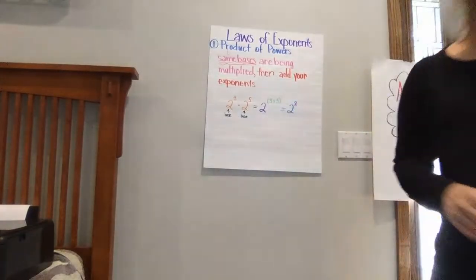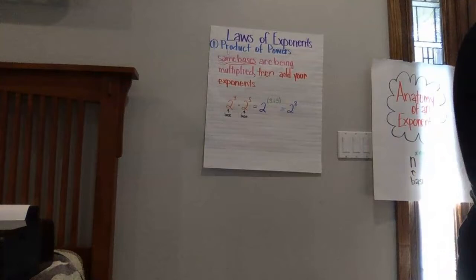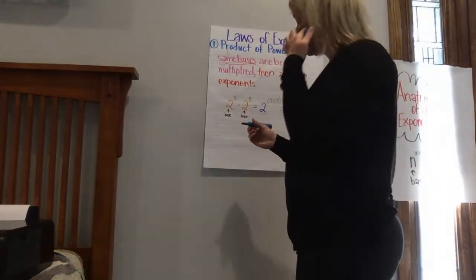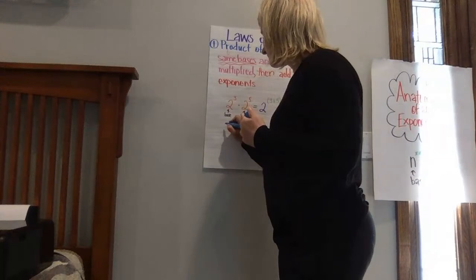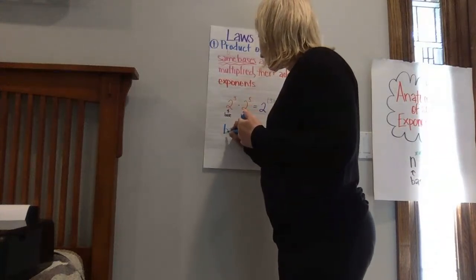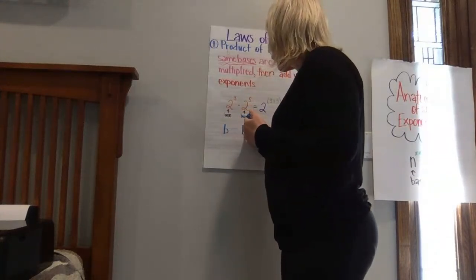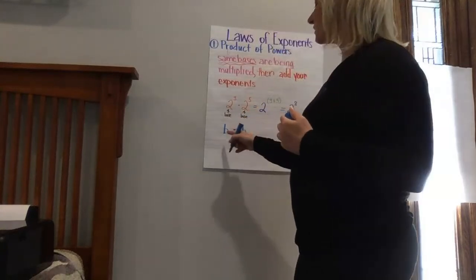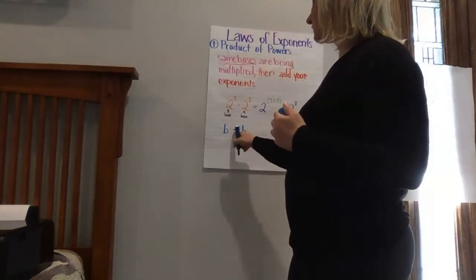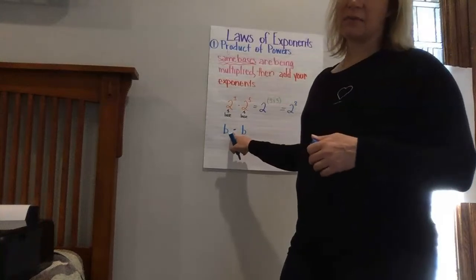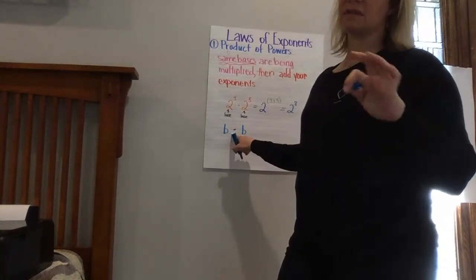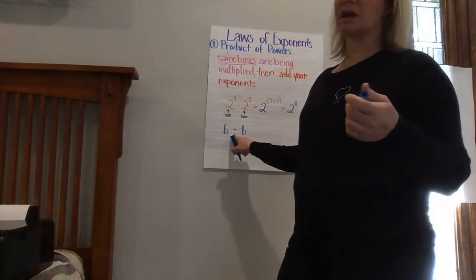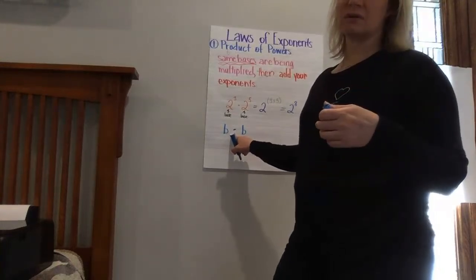Let's look at that in a different way. Let's look at it with letters. Let's try the letter B. This is multiply here. In this case, the only way this works is if you're multiplying. If it's any other operation, it doesn't work. We have different rules for different operations, just like we do for the commutative property or the associative property or distributive property.